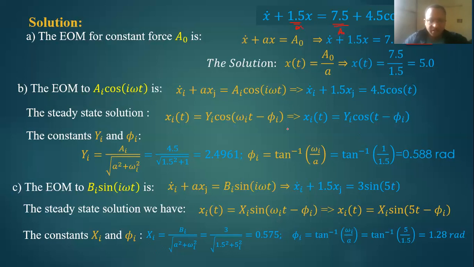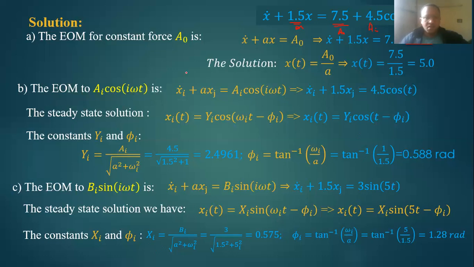The amplitude constant y is ai over the square root of A squared plus omega i squared. Here ai is 4.5. What is ai? This term is ai, and this term is bi.